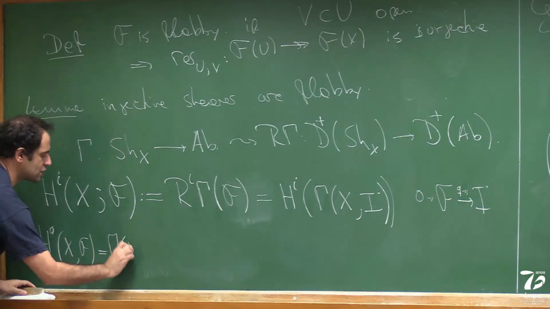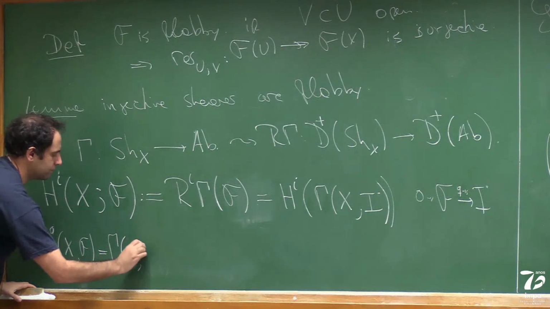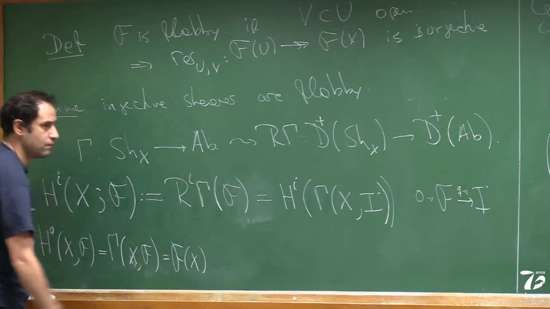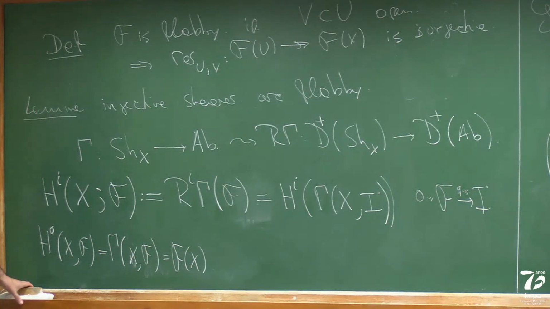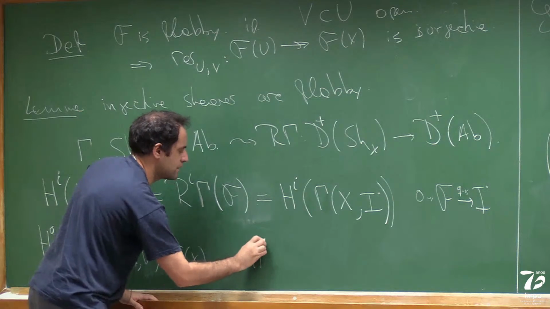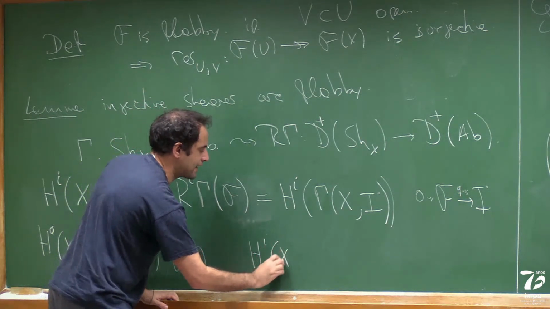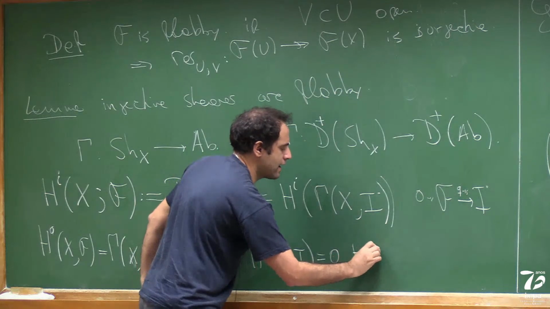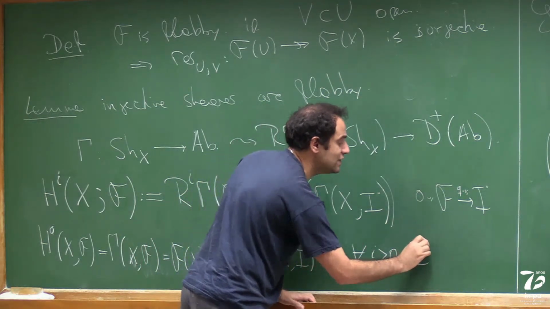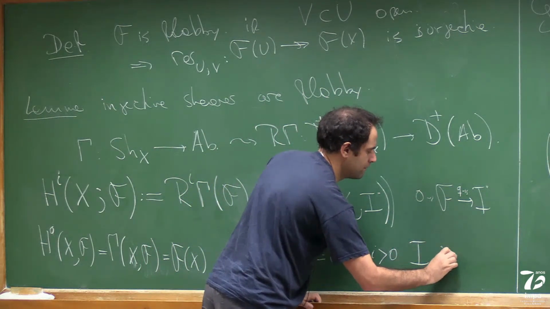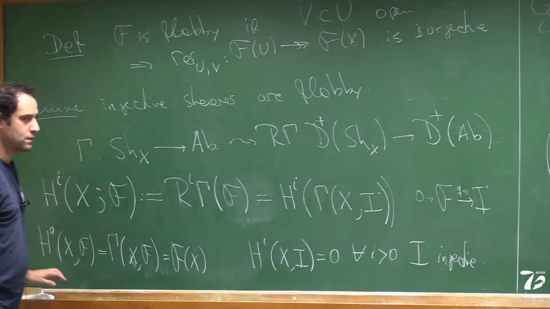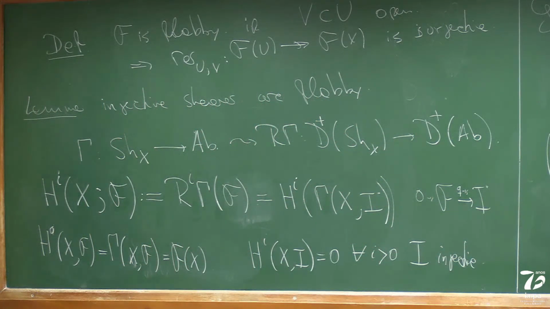It's just global sections of XF, which is just F of X. But also, we know now that HI of XI is 0 for every I bigger than 0 and I injected. Those are the two things that we had for free.